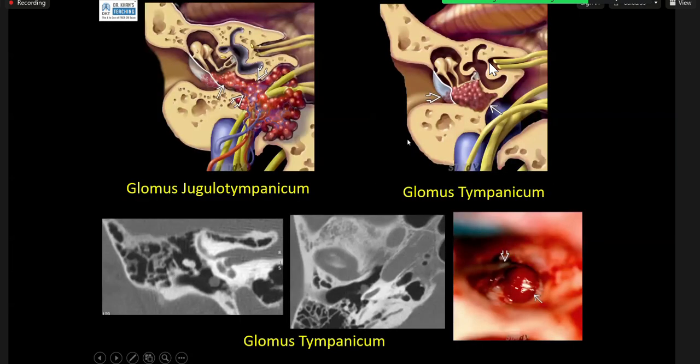These pictures tell you everything. This is around the jugular foramen, and it has gone into the middle ear cavity: glomus jugulotympanicum. This one is completely filling up the middle ear cavity, so this is glomus tympanicum. This is one which is sitting here.